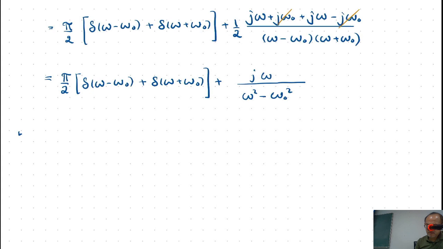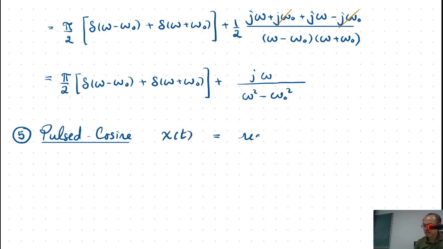Number 5, pulse cosine. So what do I mean by pulse cosine? Pulse cosine is defined as a rectangular signal of width T modulated with cosine at frequency omega 0.